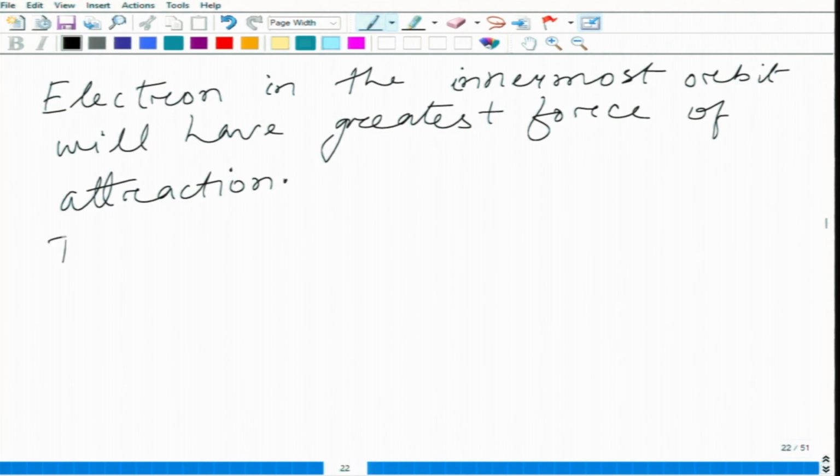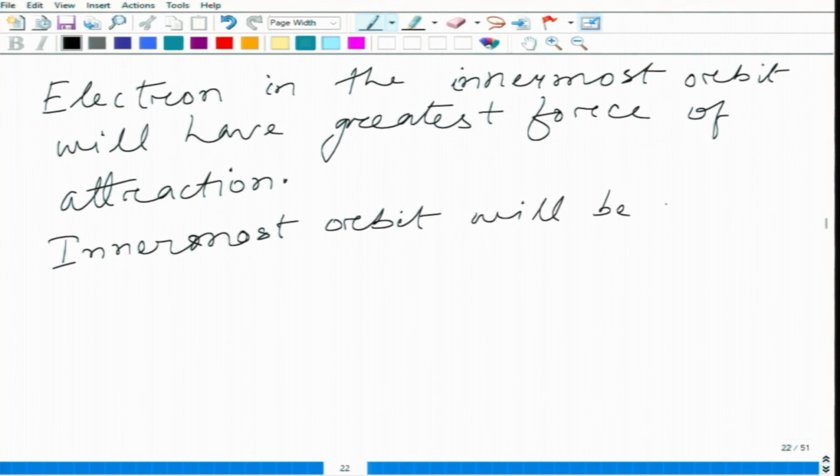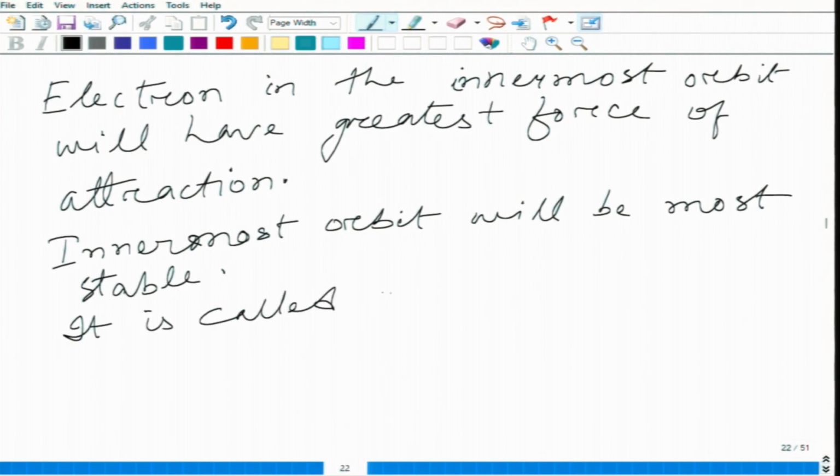So, the innermost orbit will be most stable. Therefore, that is called the ground state.